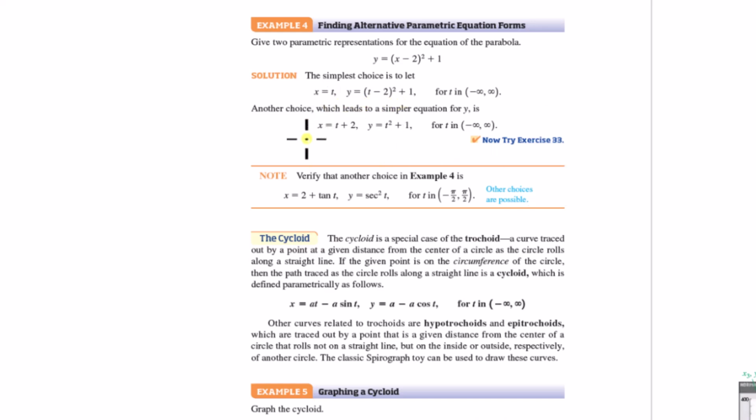But another choice is you change from x is equal to t to x is equal to t plus 2, or maybe if you want to progress faster, you could say x is equal to t squared. But how does that affect y if we want to stay on the same curve? Well, you're just replacing x with t plus 2 to get this.